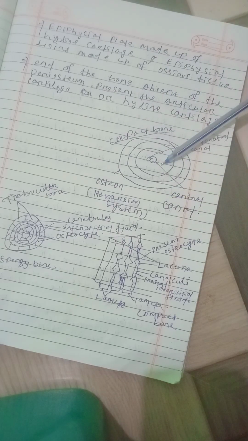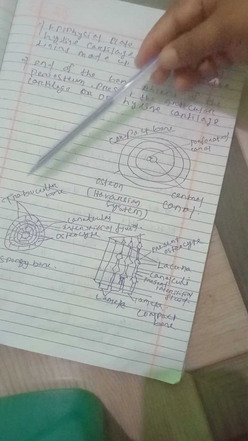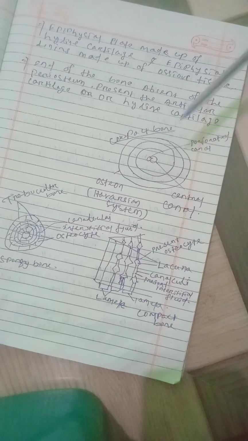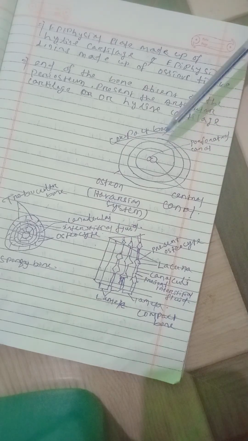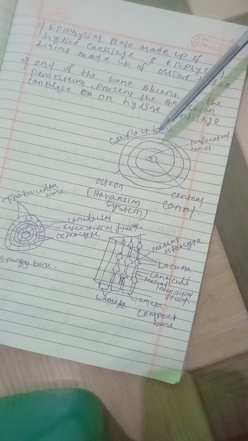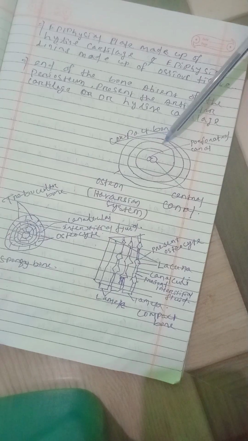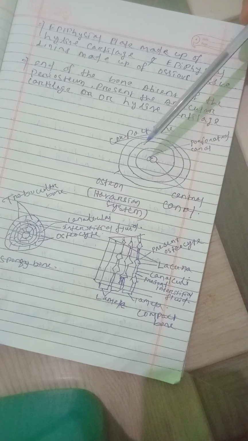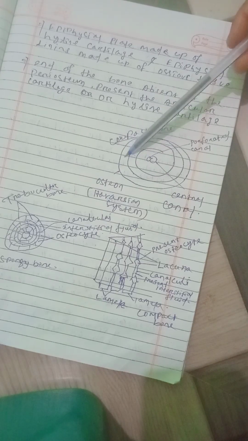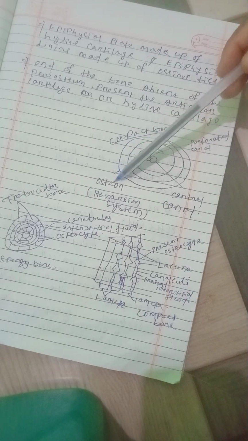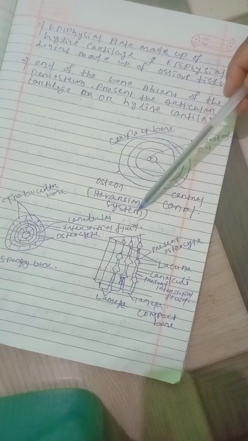Suppose this is the compact bone, and this is the spongy bone. Suppose we cut down a tree, we cut through the middle portion of the tree. It has ring-like structures, and these ring-like structures are called osteons or the Haversian system.